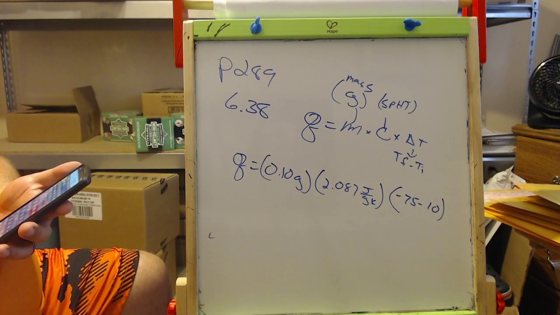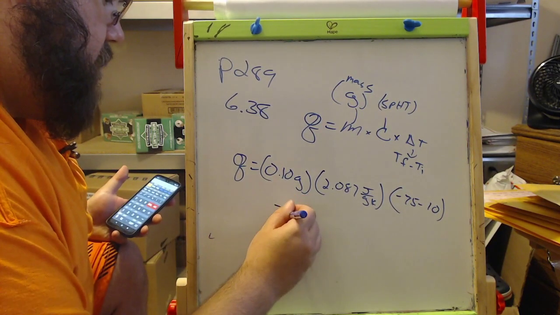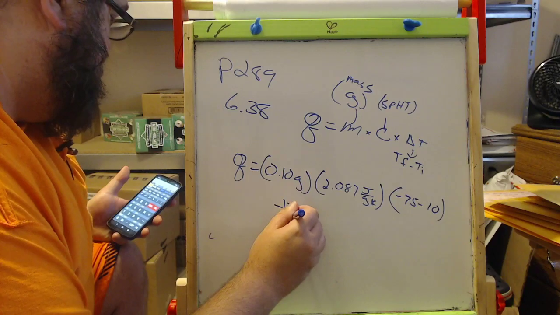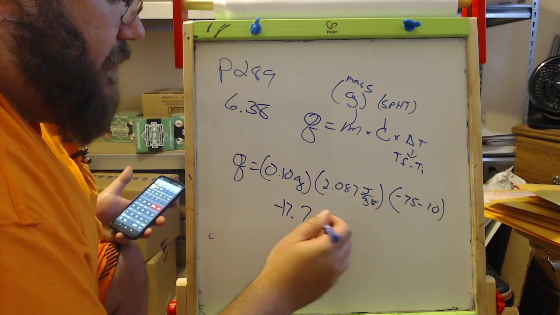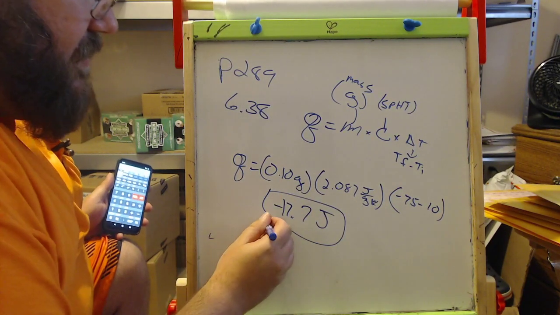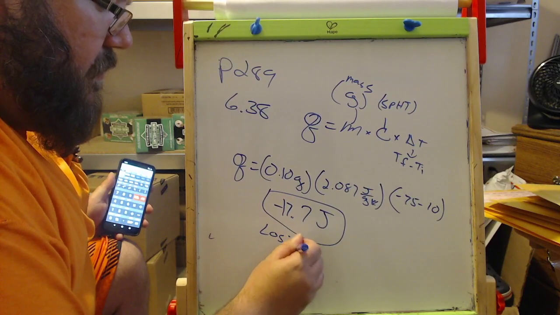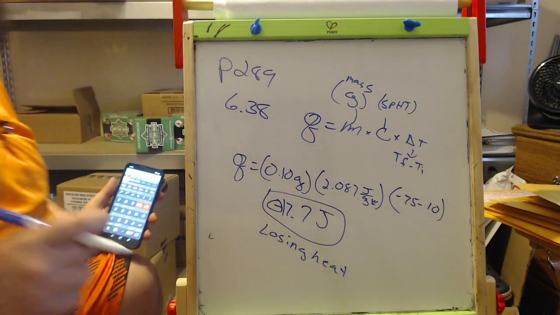I'm getting negative 17.7. And then grams would cancel out, and our temperature would cancel out, so we'd be left with that many joules. So what that means is this is losing heat, because the negative just means losing.